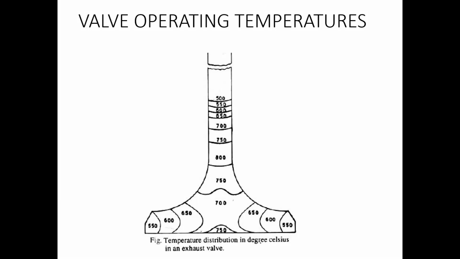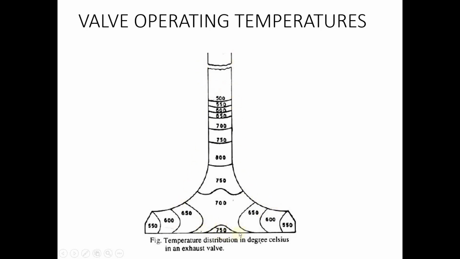You can see here the temperature profiles, or how the temperature distribution occurs at different areas of the valve. These are all in degrees Celsius. The highest temperature, 750 to 800 degrees Celsius, occurs at the center of the valve head. This is the case of an exhaust valve.